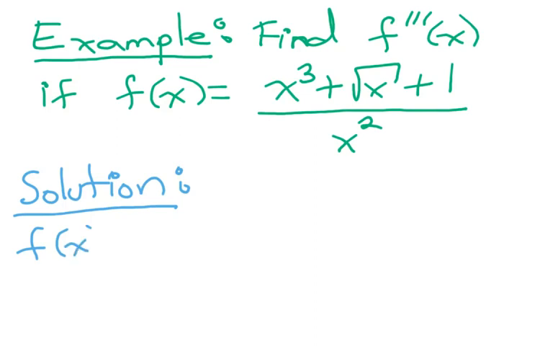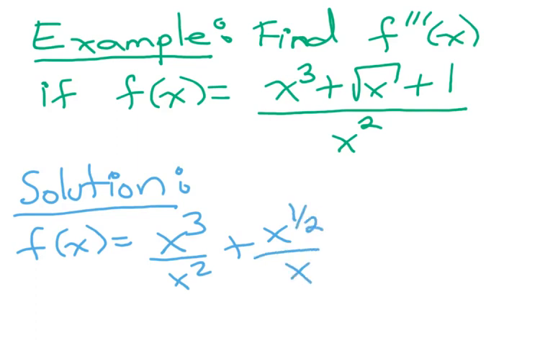Which means we're going to rewrite this function as x cubed over x, which is x, plus x to the square root, or square root of x, which is x to the 1/2 over x squared, plus 1 over x squared.